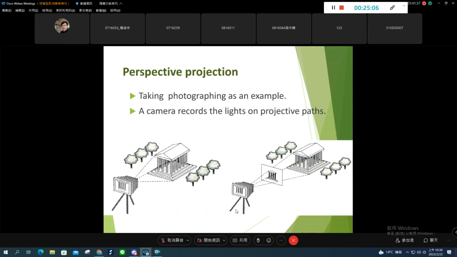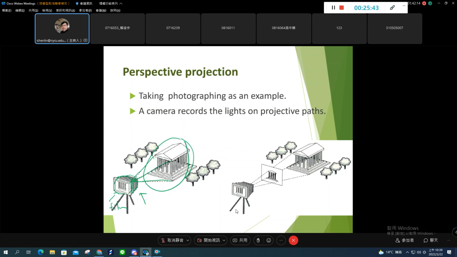So this is a figure from a graphics course. The idea of the camera is that if this is a pinhole camera here, and we have a film here, and you would like to capture this holy temple here, whenever light goes straight through the pinhole, you can visualize that on your film.